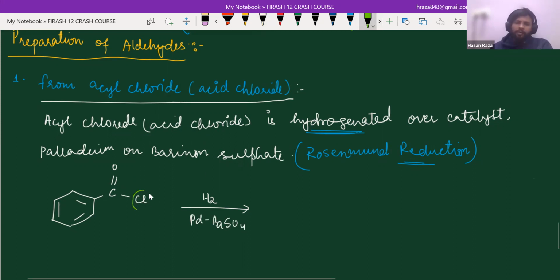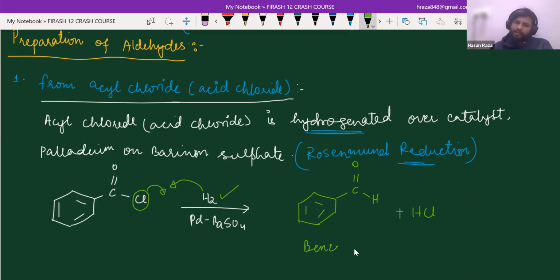You know that chlorine will be eliminated and one of the hydrogen will be taking place of chlorine. So it will be benzaldehyde. And hydrogen that is left here and chlorine that is eliminated from here will combine to form HCl. And this is your benzaldehyde.